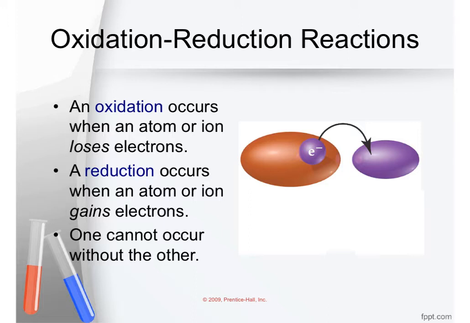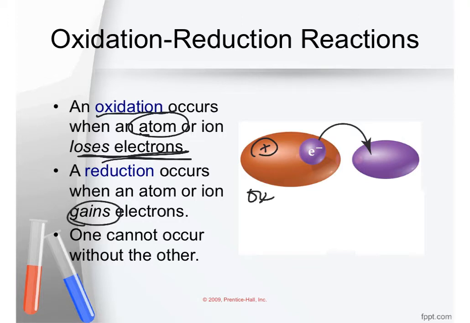All right, so the current, more broad definition is oxidation is when an atom loses an electron. So remember, an electron's negatively charged, so when an atom loses an electron, it's left with a positive charge behind, right? We call that oxidized. A reduction occurs when an atom gains an electron.